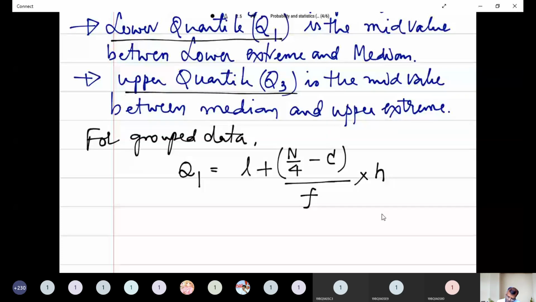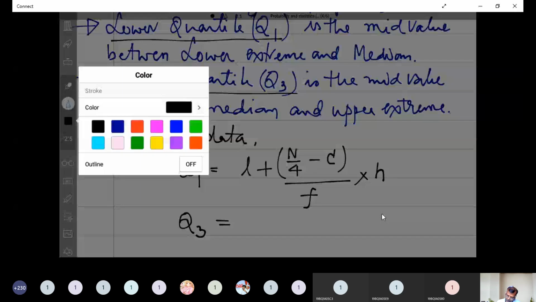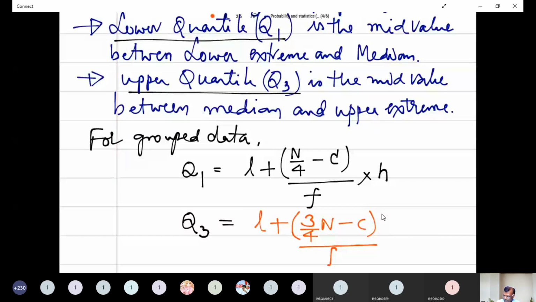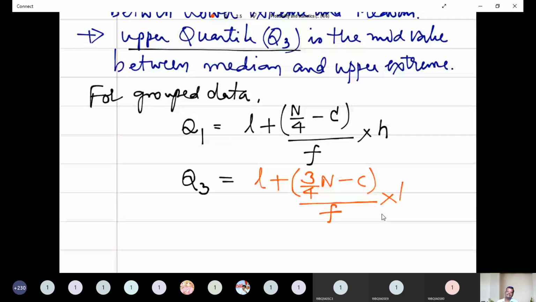And the formula for upper quartile Q3 is equal to L plus 3 by 4 n minus corresponding cumulative frequency, preceding cumulative frequency, divided by f, that is the corresponding frequency of the class, into width of the class.